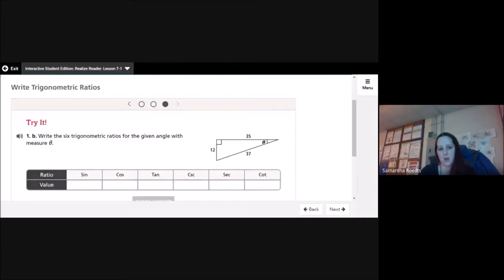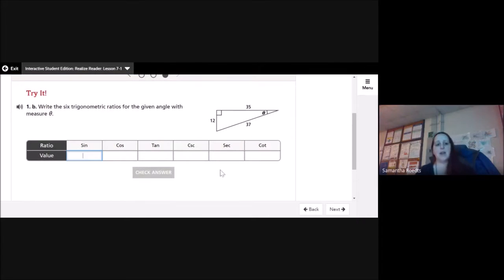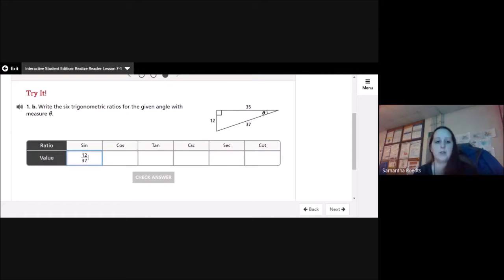All right, write the 6 trigonometric ratios for the given angle with measure theta. 37 is my hypotenuse, 35 is my adjacent, and 12 is my opposite. So sine, SOH, opposite over hypotenuse. Cosine, CAH, cosine's my adjacent over my hypotenuse.